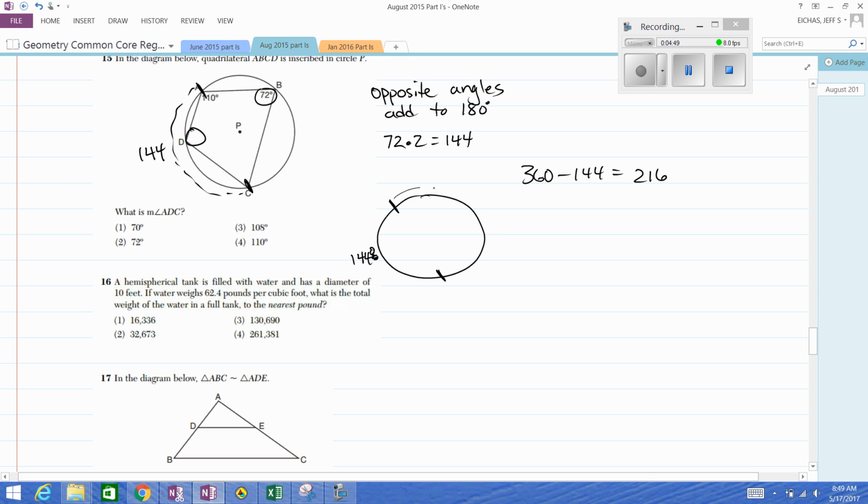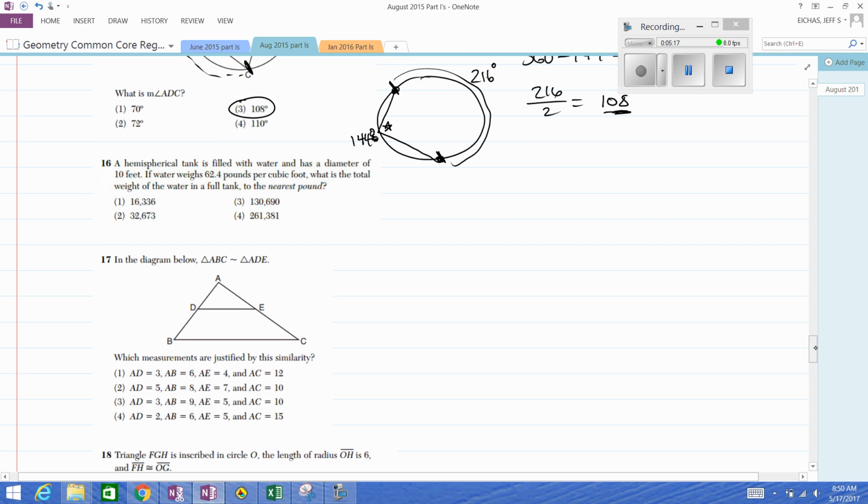So from here to here is 216, and angle D is an inscribed angle that opens up to that arc, so it's going to be half of that arc. 216 divided by 2 is 108. You did see that this ended up working out, but there was another way to go about it. So this angle right here, 108.